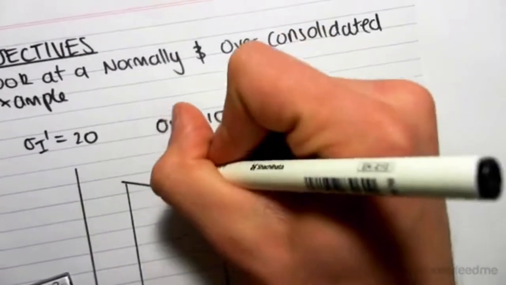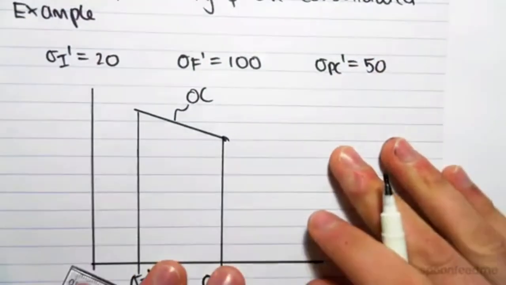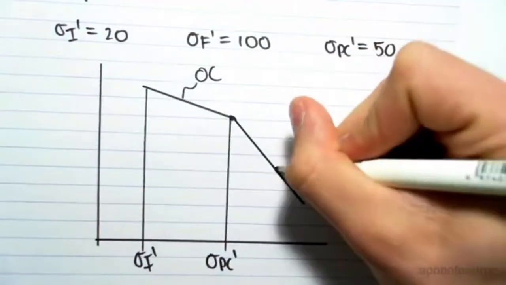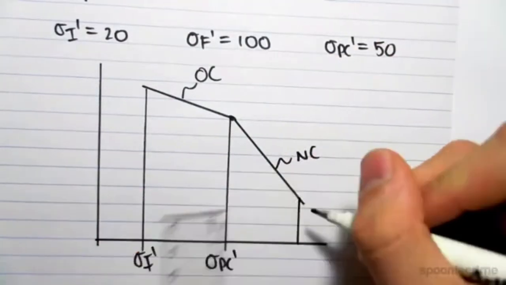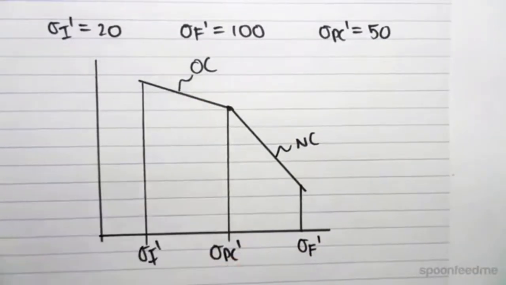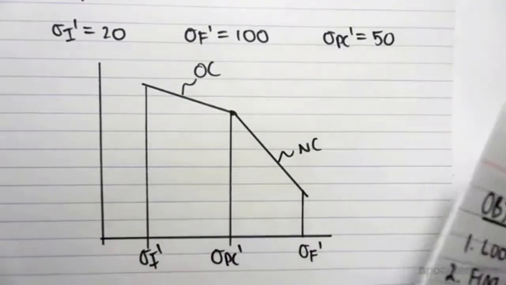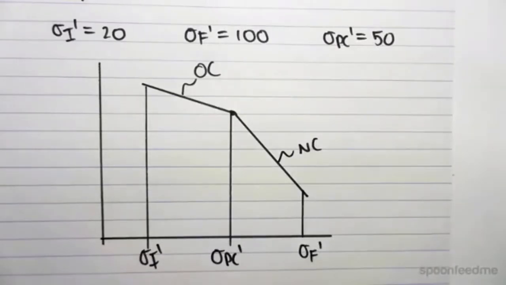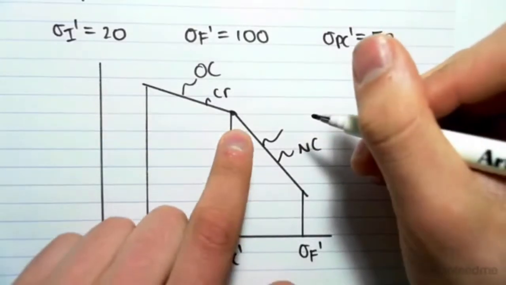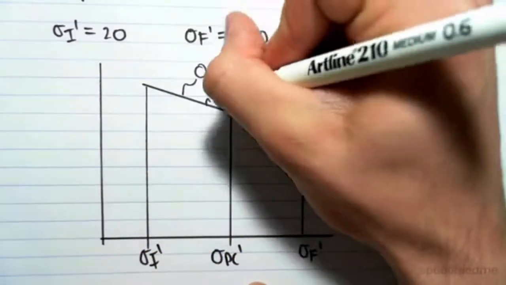Then at our sigma PC, we're going to become normally consolidated, and this is normally consolidated until we get to our sigma final dash. We know that for over consolidated soil samples we use the C subscript R term, and for normally consolidated soil samples we use C subscript C. Those are the values we're going to be using.